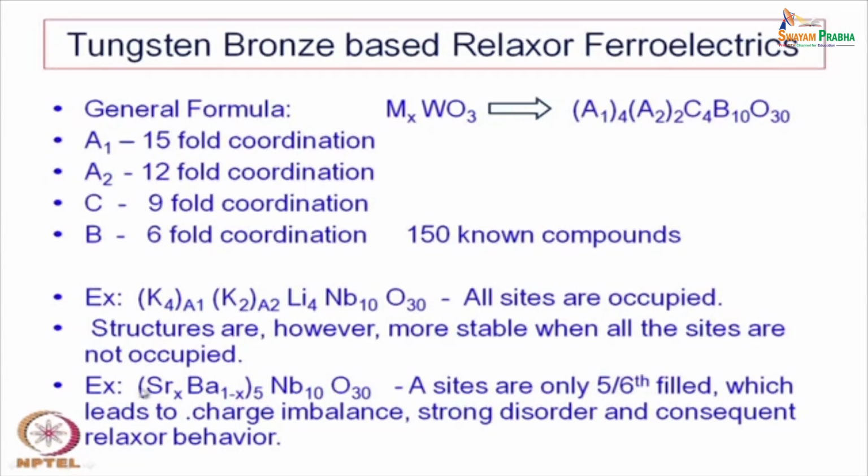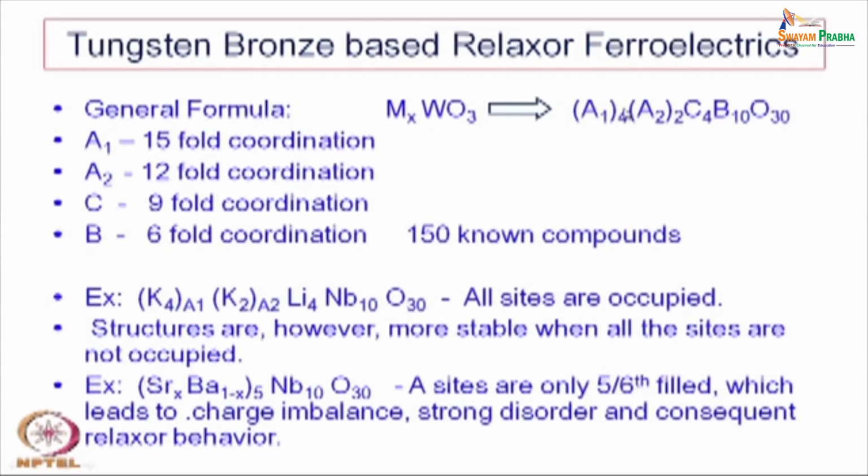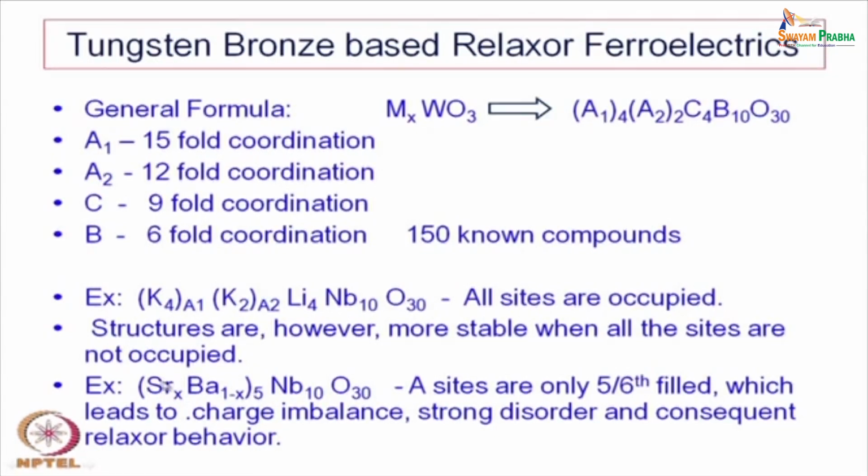Out of the 6 A sites including A1 and A2, 5 of them are occupied, partly by strontium and partly by barium. So, 1/6 is vacant here, and that seems to stabilize the structure better.